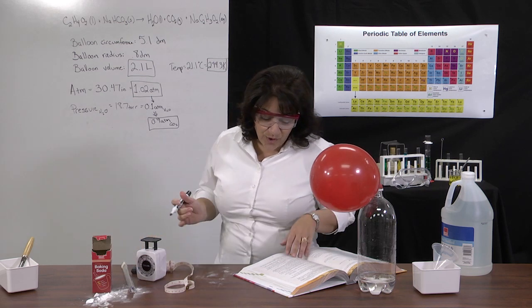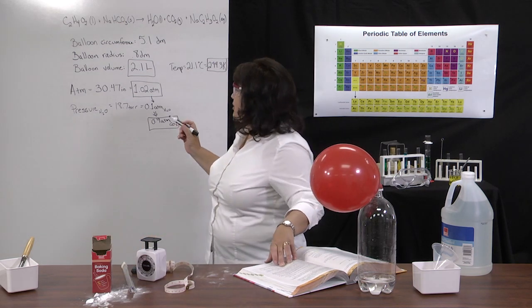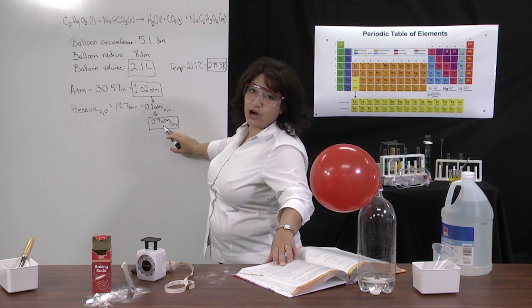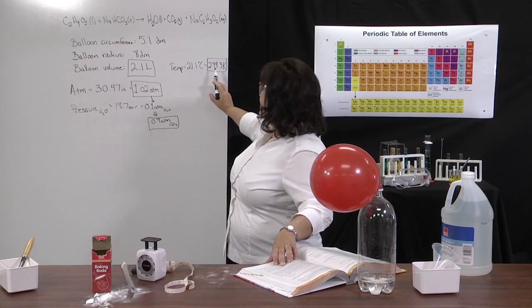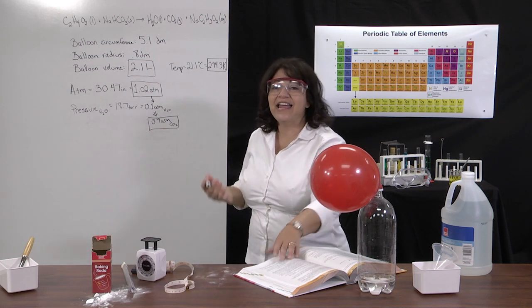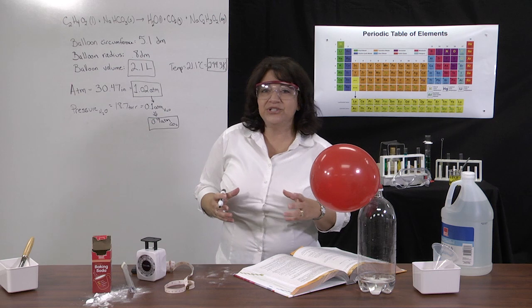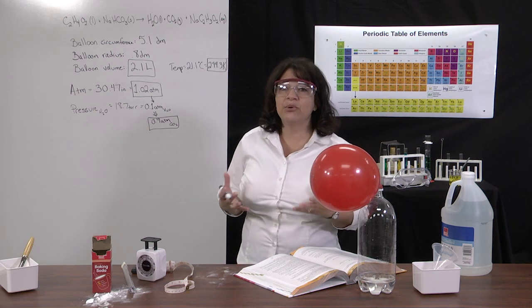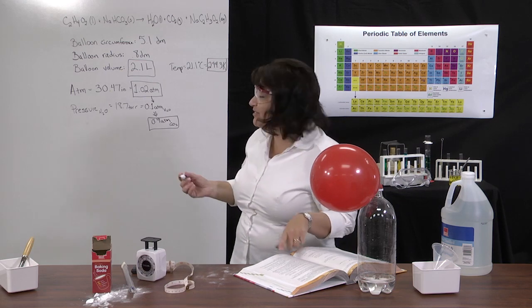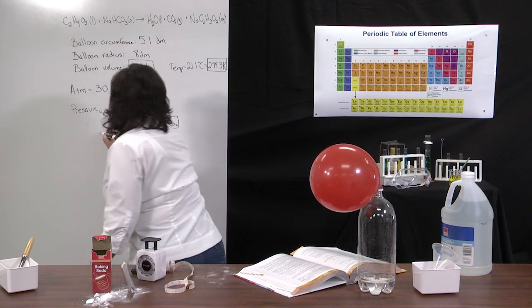All right, so what do we have? We have the volume of our carbon dioxide gas, we have the pressure of our carbon dioxide gas, and we have the temperature of our carbon dioxide gas. We now can use the ideal gas law and that R value, which is a given, to calculate the number of moles of carbon dioxide that we have. So let me fill in. PV equals nRT, which is our formula.